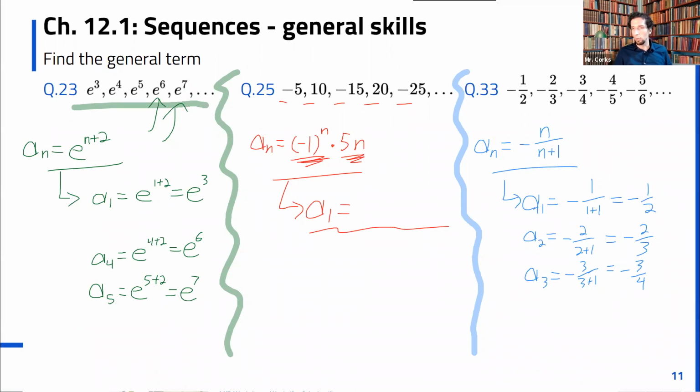So identifying what a general term could be for a sequence, it could be anything. Any kind of math operation could be used to build that sequence. The textbook has a good random mix of questions in chapter 12.1, where all kinds of different math tools, properties and operations are used to build sequences.